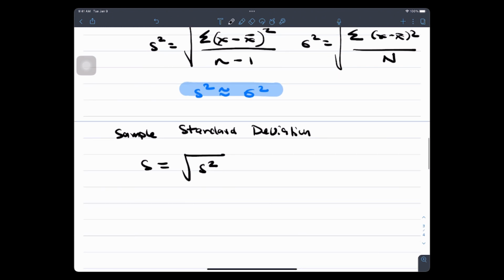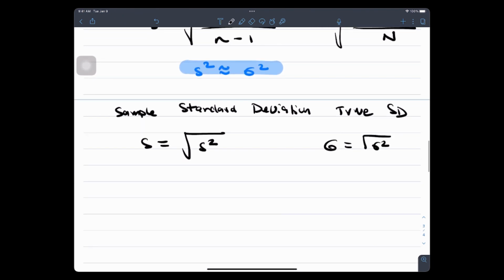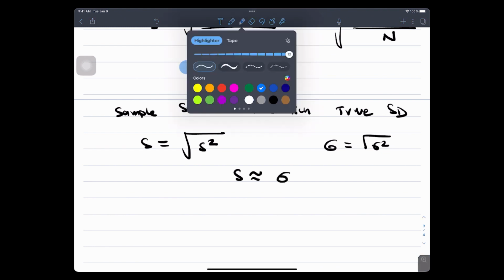True standard deviation, now abbreviated SD. Sigma is the square root of sigma squared. So that s is approximately sigma.